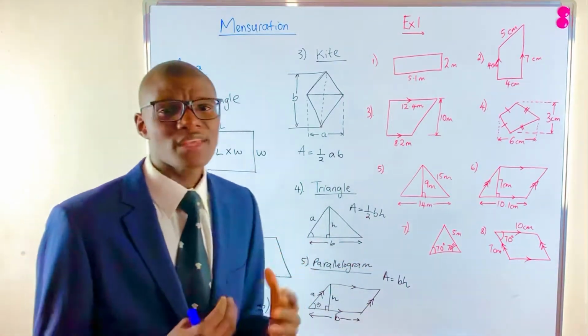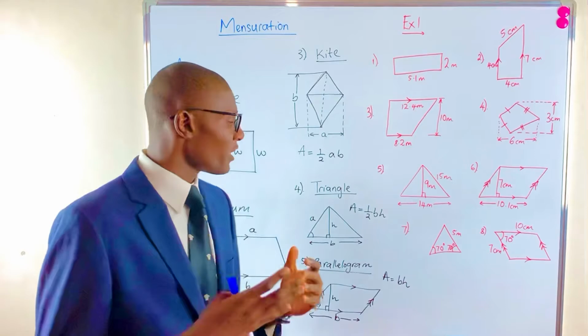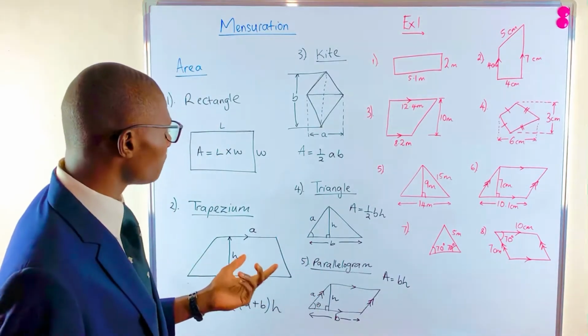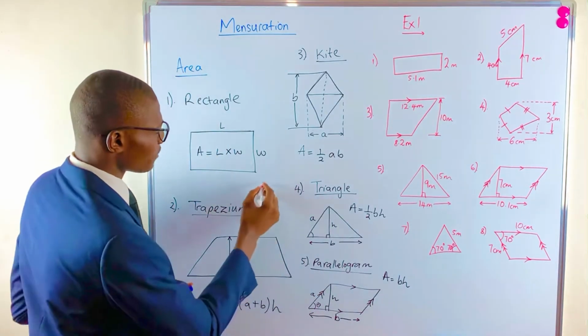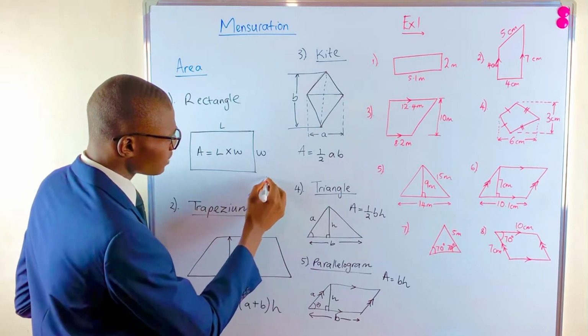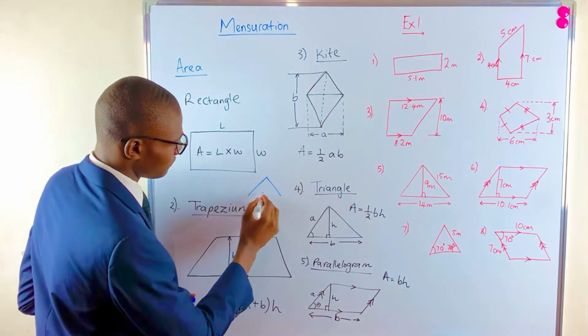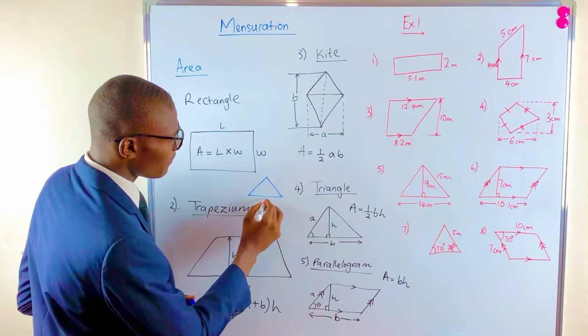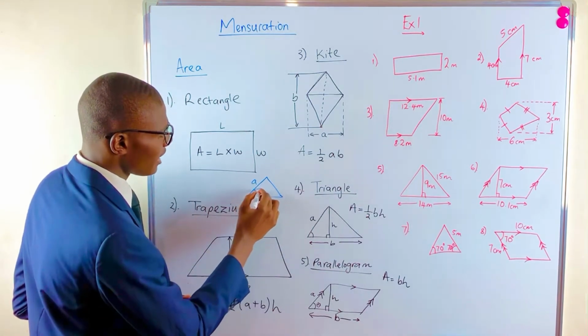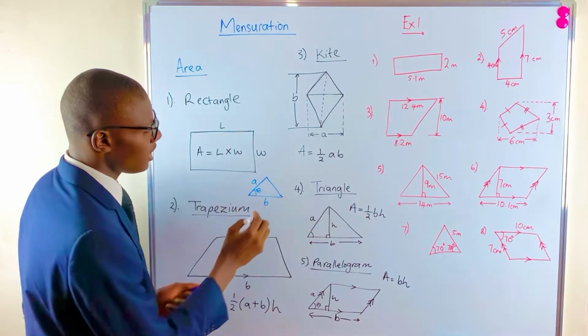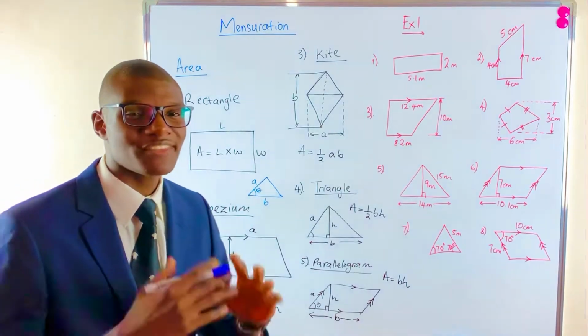And then as well, there are situations whereby we are required to find the area of a triangle. Now let's say we are given this triangle, whereby we simply have the base, side A, and then we've got an angle theta. So now, as you can see, we don't have the height.